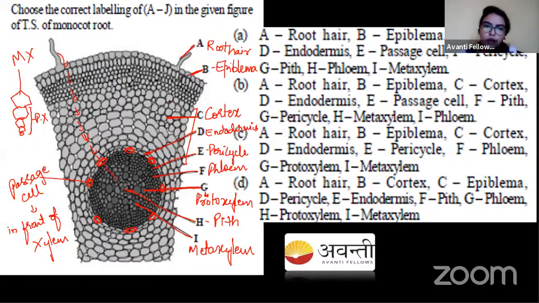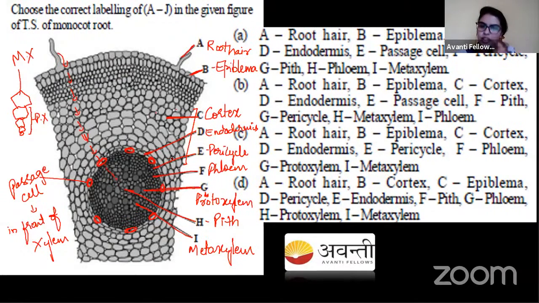Here there is a root hair, unicellular. This is made up of parenchyma. So it's a uniseriate arrangement, and then there will be a cortex region. The cortex region is usually made up of parenchyma cells. Then we look into the endodermis.